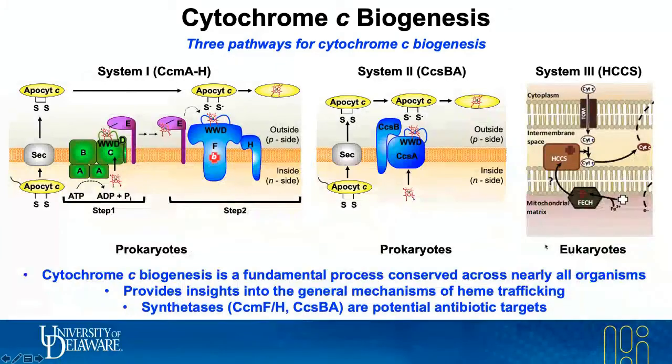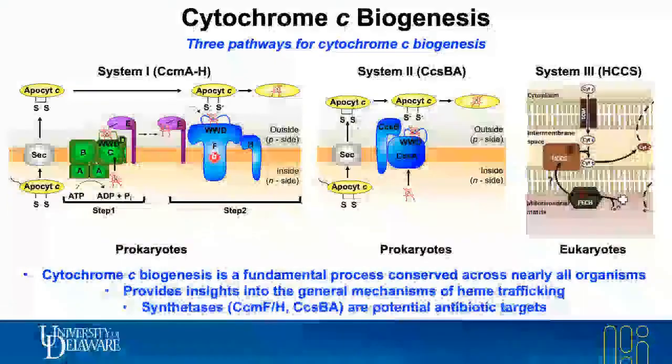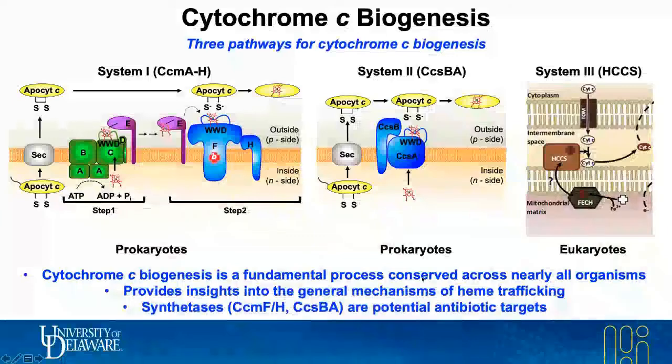I'm interested in studying these because cytochrome C biogenesis is a fundamental biological process, and I want to understand the basic biology of how cytochrome Cs are made. Also, as you can see from these diagrams, we have this heme molecule here, and it's being moved across membranes and then attached to a protein. So we're developing these pathways as model systems to study heme trafficking, which is important in many different cellular functions.